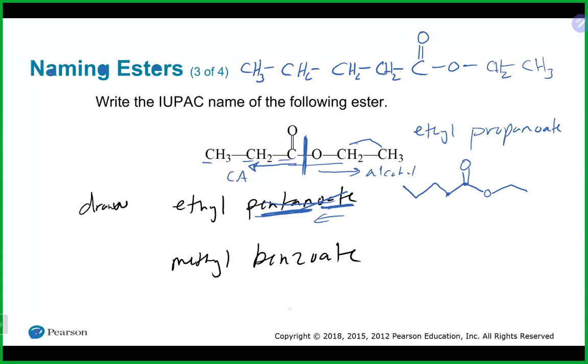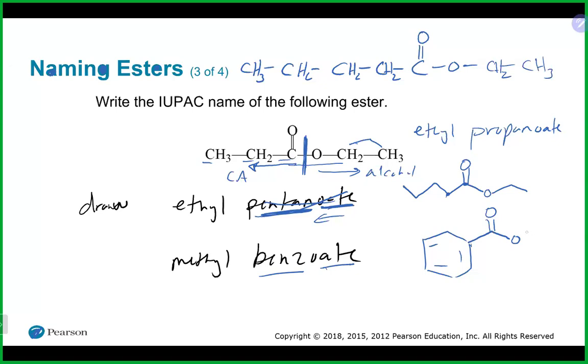All right, taking a look at this one, "oate" tells me it's an ester. Benzoate tells me it's a benzene ring. So I definitely have a benzene ring happening here. And remember that it's really based off the carboxylic acid, which comes off of the benzene ring, right? So that carboxylic acid part is off the benzene ring.